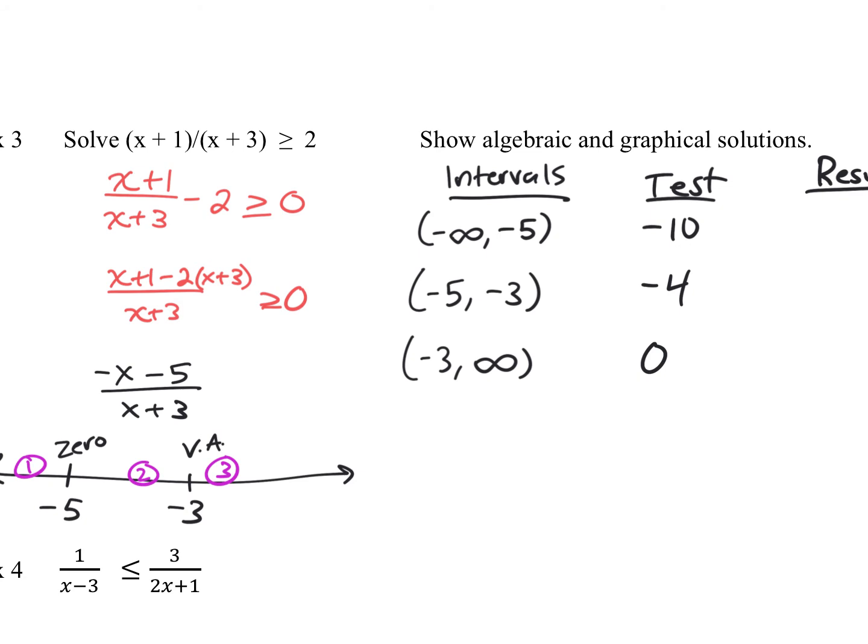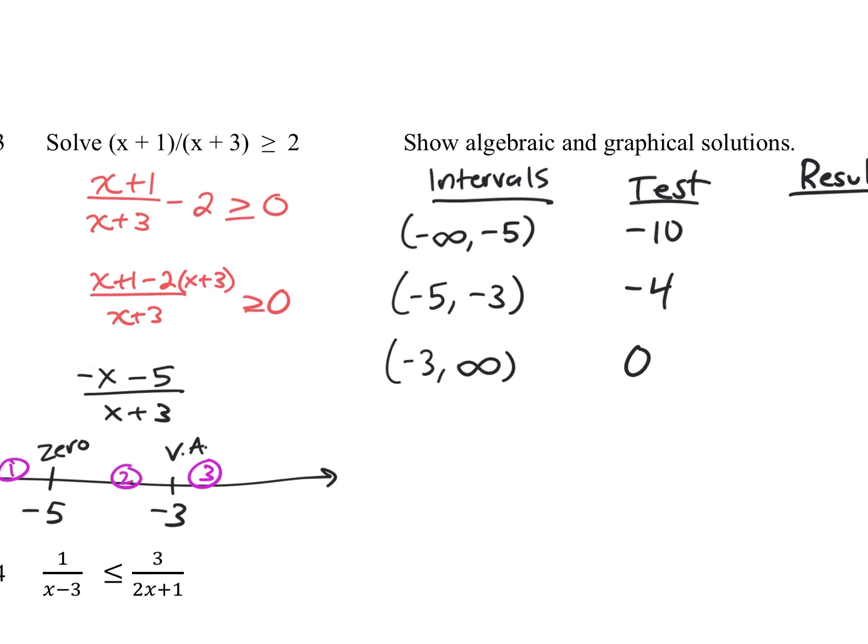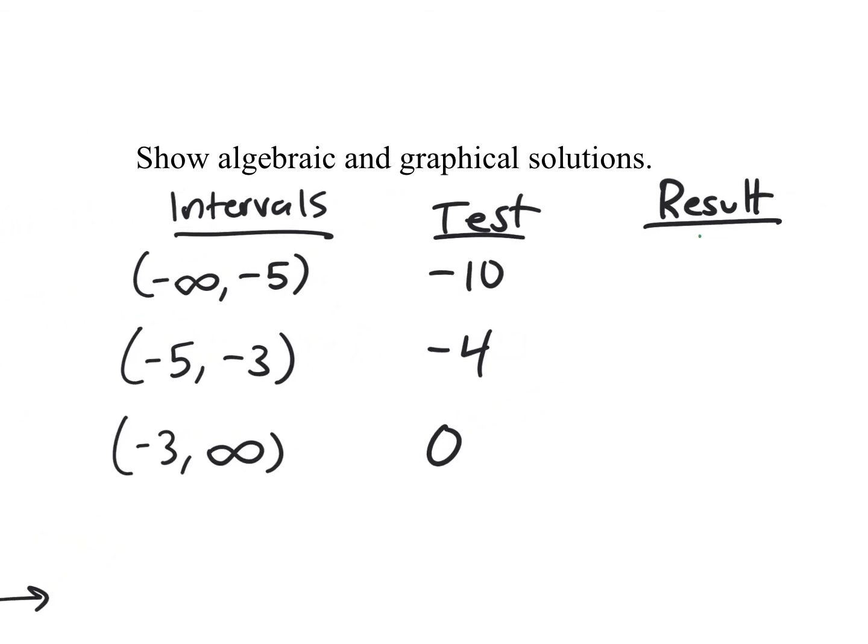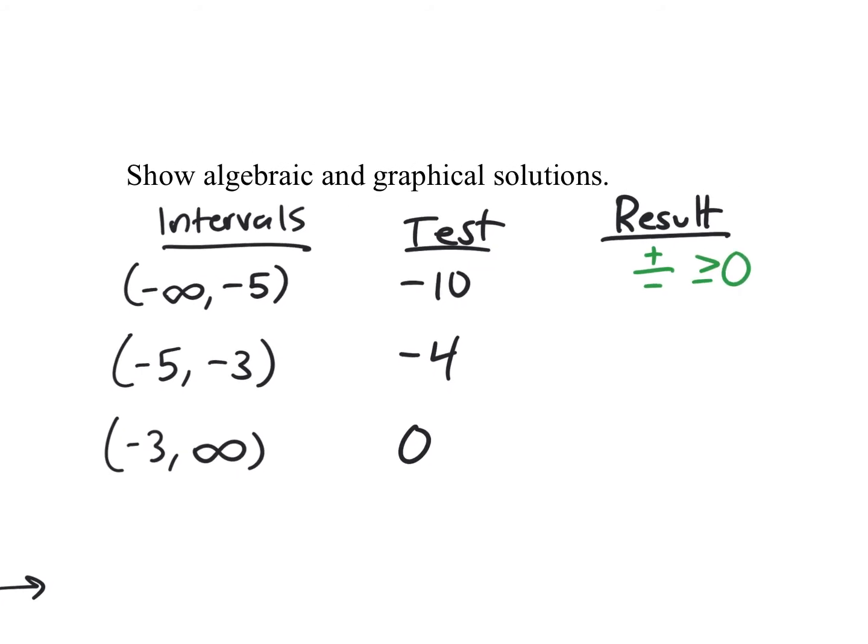If I were to plug in negative 10, I would get a positive number divided by a negative number. My original inequality was testing, was it greater than or equal to 0? And I can see that with a positive divided by a negative, that is not true.